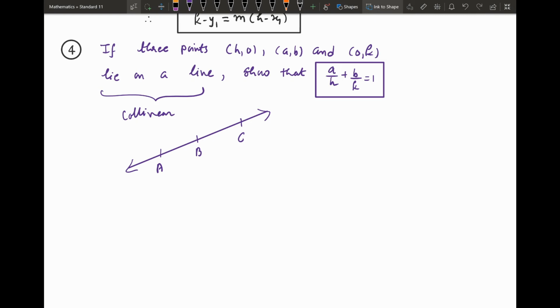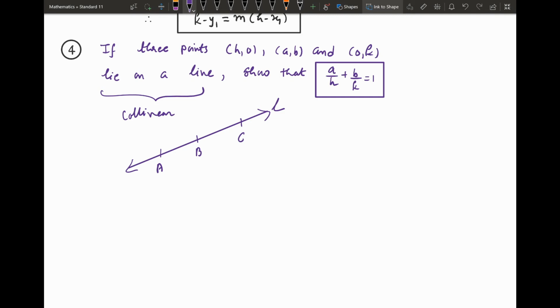So what is the interpretation of slope being a constant quantity? Slope does not depend on the points of the line. If we denote this line by L, then the slope of L, whether you use points A and B or points B and C, you will get the same slope. That's why slope is a constant quantity.